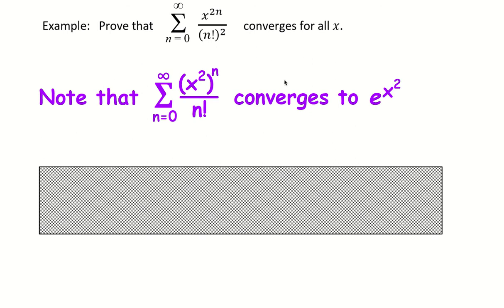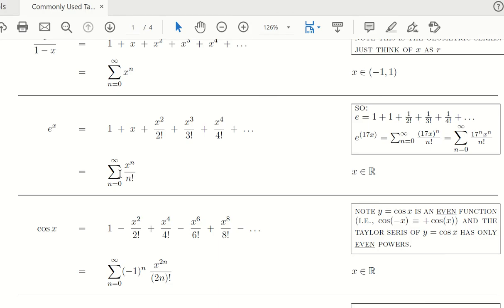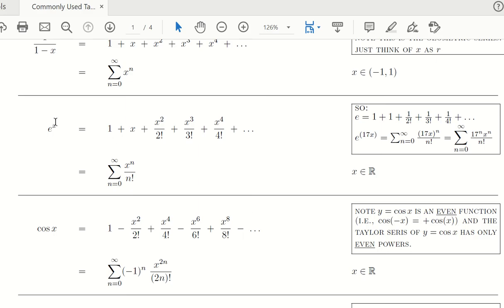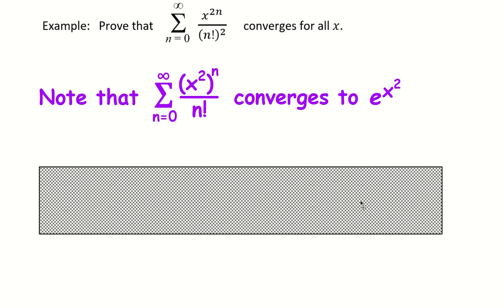So since this converges to e to the x, if we had x squared to the n, like x to the 2n, then that converges to e to the x squared. You just replace the x with x squared. That's how it can work.